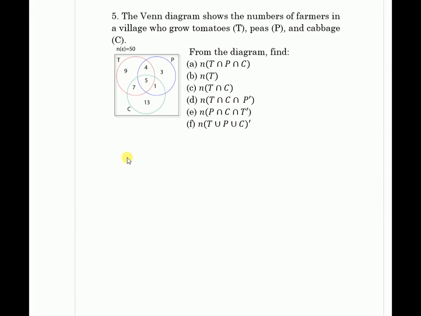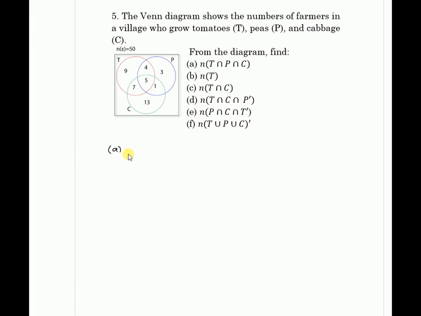We can solve it. So this one is the number of elements in T intersection P intersection C. That one means those existing in all the 3 sets. Like they have presented this Venn diagram, you have red, blue, and green.